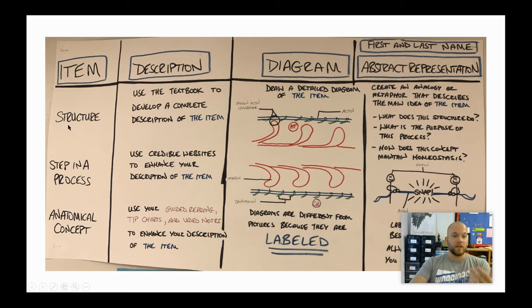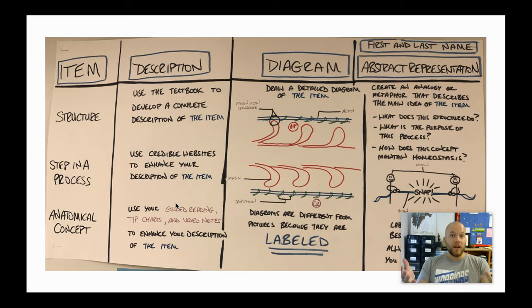When we talk about structures, step and process, anatomical concepts, organs, whatever I've given you in the items section, you're going to use the textbook to develop a complete description of it. You could also use credible websites if you don't want to use the textbook. You could also use your level ones. This should be an amalgamation of textbook, websites, and your own notes, which are created from the textbook and websites. These are written descriptions.